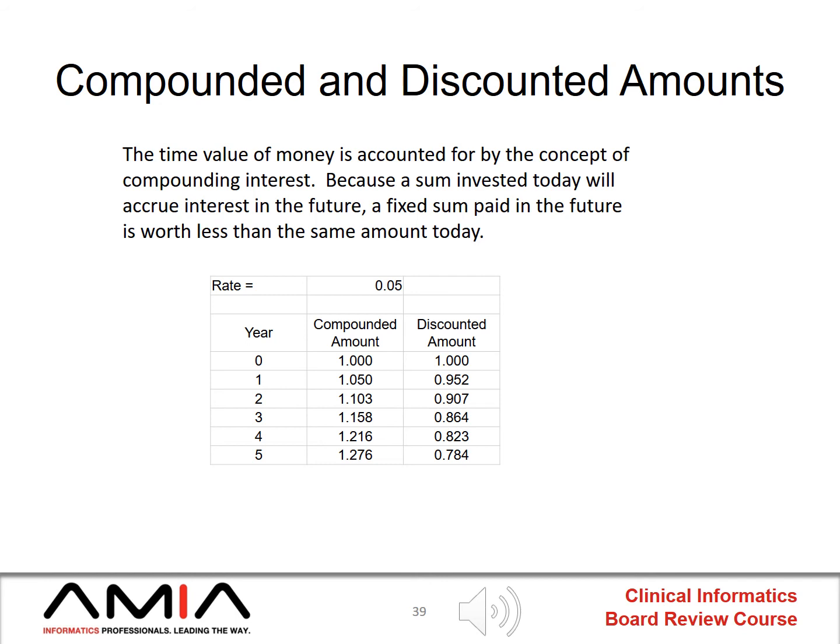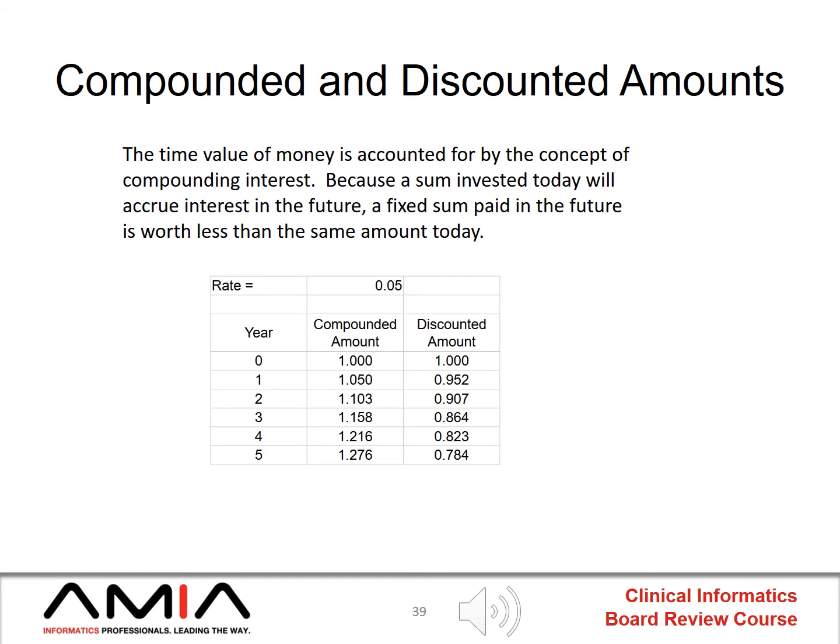So if you have $1 today in year 0, and if there's an interest rate, let's, for the sake of easy calculation, say it's 5%, then in year 5, that dollar will now be worth $1.28. On the other hand, if you had $1 that you were promised to be paid in year 5, that dollar today would be worth 78 cents.